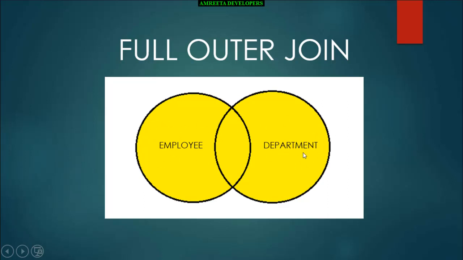In a cross join, simply the product of both tables' records will be displayed. So X into Y. Suppose employee has 2 records and department has 3 records, so 2 into 3, that is 6 records will be shown.